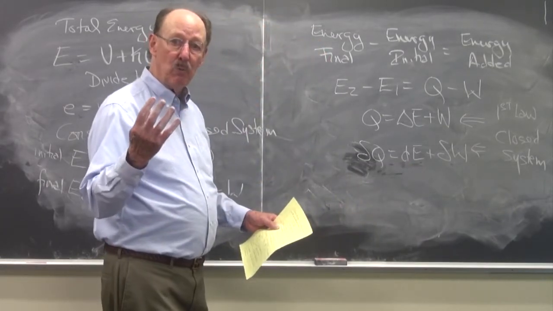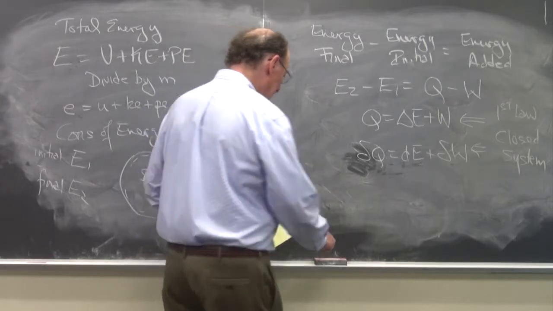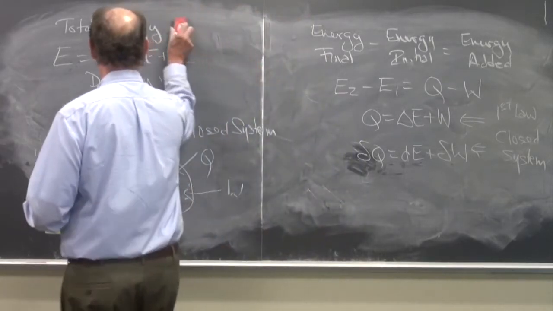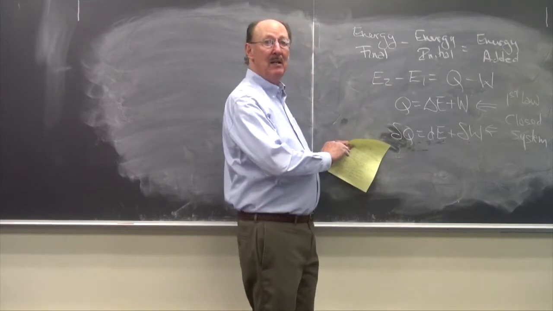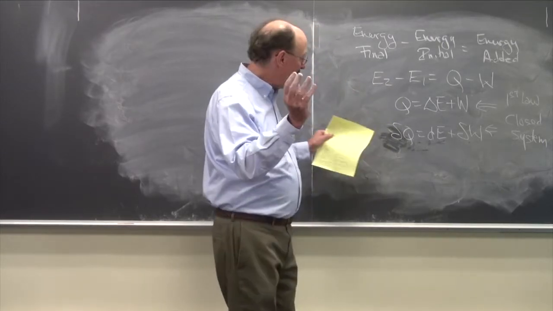Okay. If now I write work as PdV, I'm talking about an equilibrium or reversible process. The first law itself is true all the time, for reversible, irreversible, whatever happens.